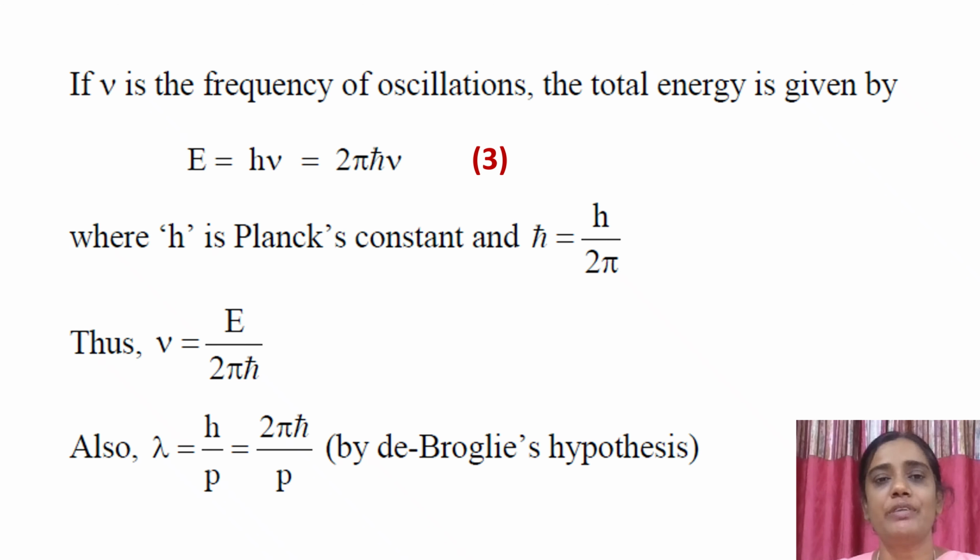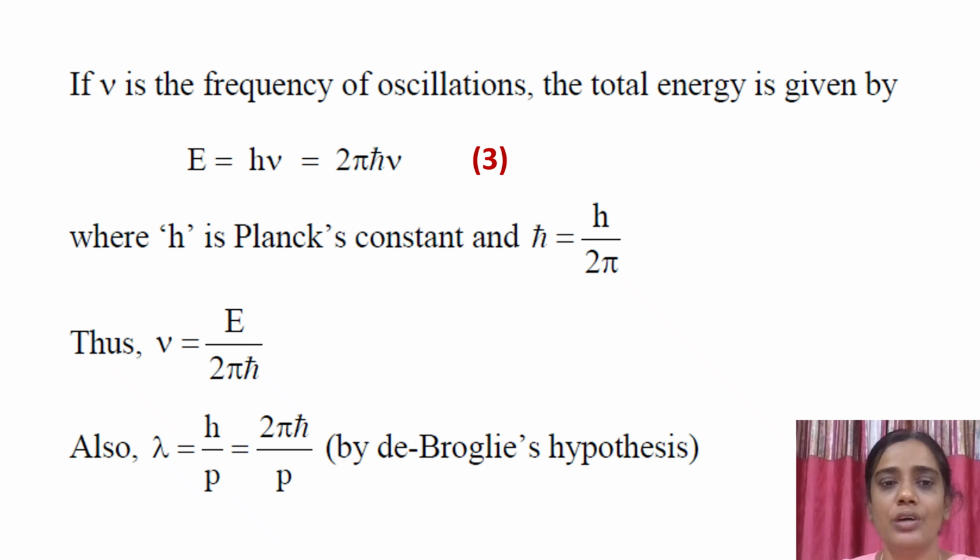Therefore, in equation 3, in the place of h, we are going to substitute 2 pi h cross. So the energy equals 2 pi h cross into nu. Thus, when we keep nu on one side and bring the rest of the terms to the other side, nu becomes E by 2 pi h cross.